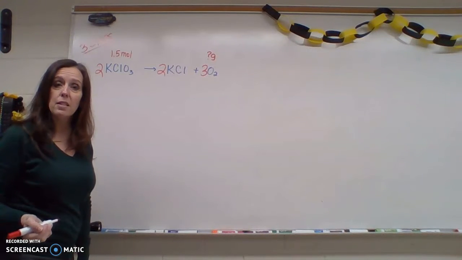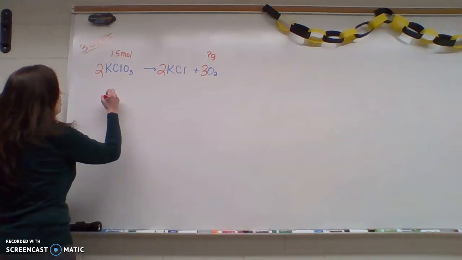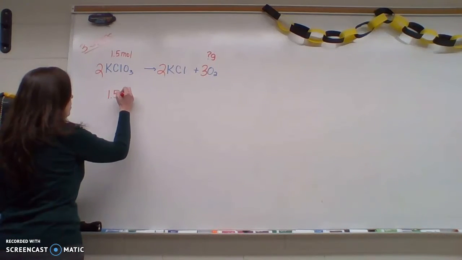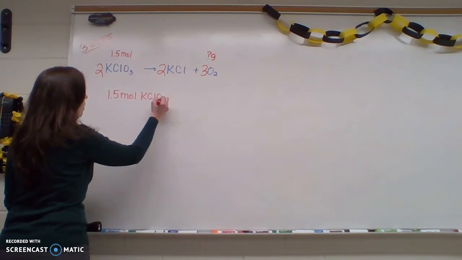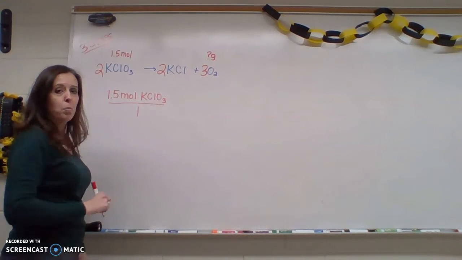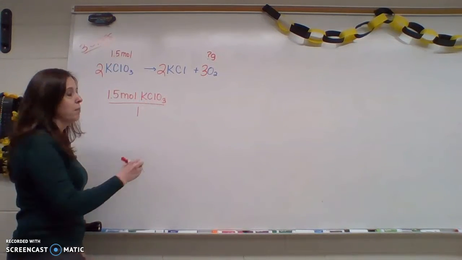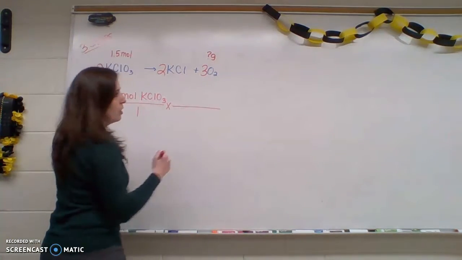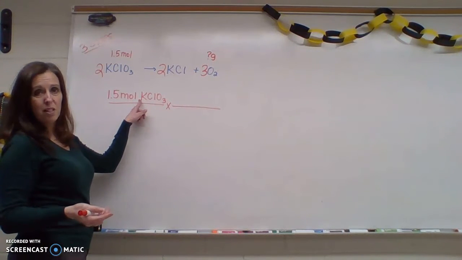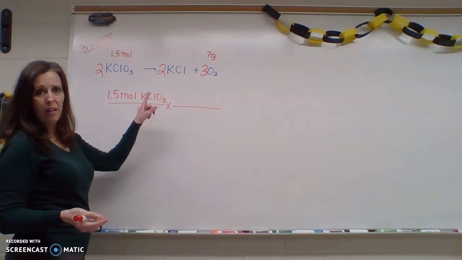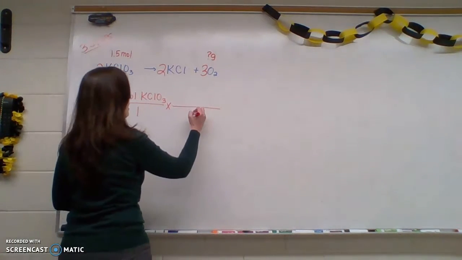The first step is the same as it was yesterday. We're going to take what's given and we just put it right over 1. Okay? I know there's going to be 3 steps. Now I want to get rid of this substance right here. And so to get rid of it, I write it in the bottom of the next step.